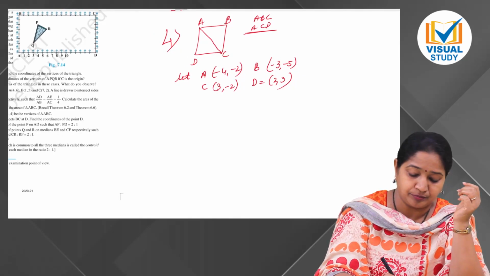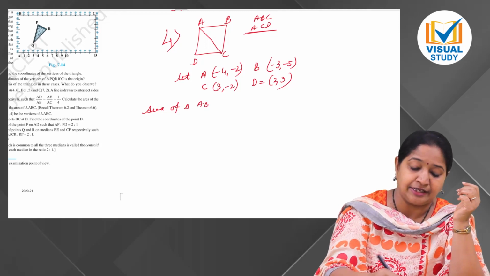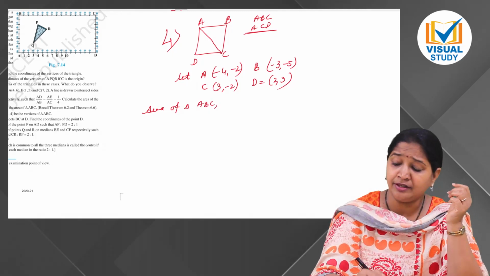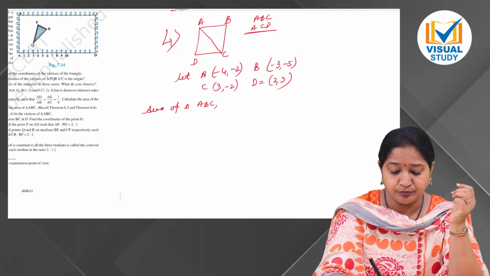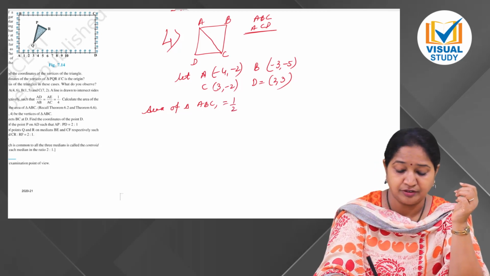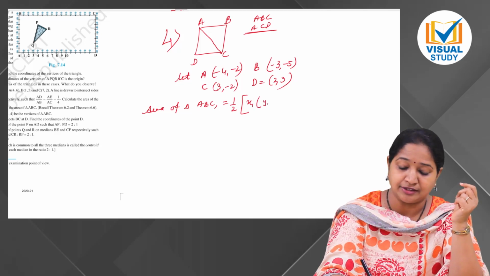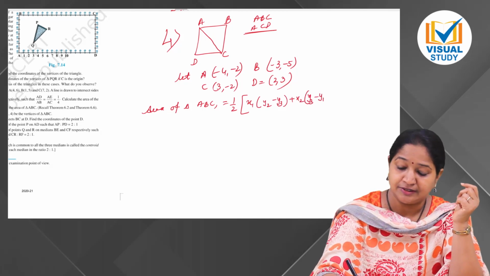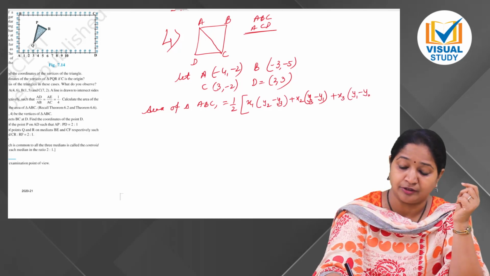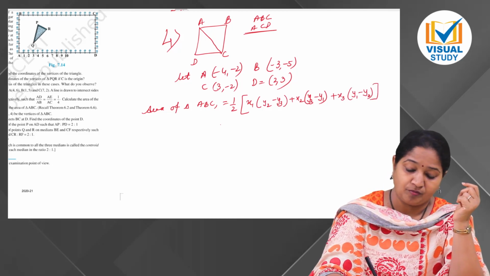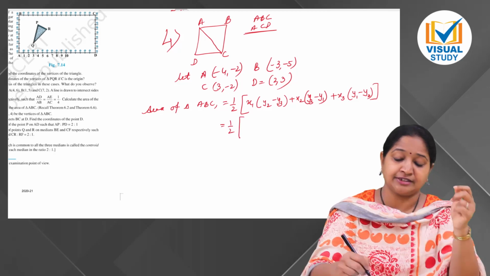First, area of triangle ABC is equal to half of x1(y2 - y3) + x2(y3 - y1) + x3(y1 - y2). Again read the formula. What is your x1?